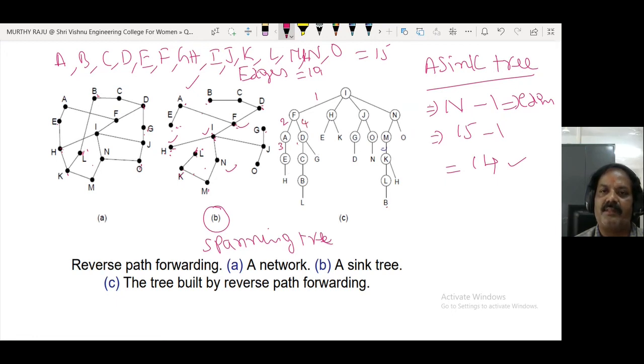This is not a preferred path. 5, 6, 7, 8, 9, 10, 11, 12, 13, 14. The total is 14 packets.